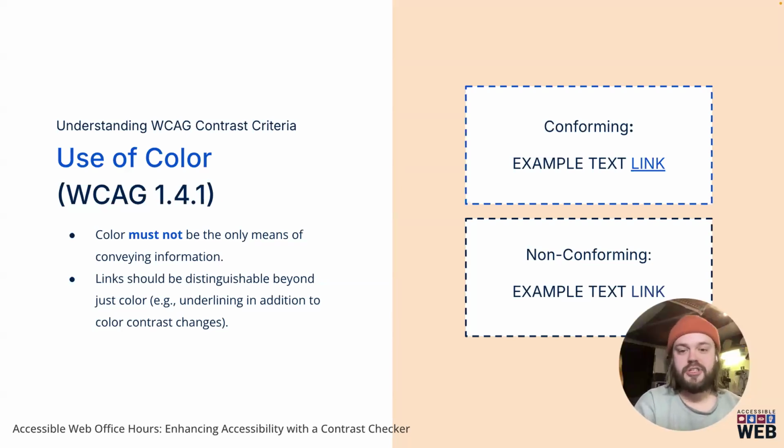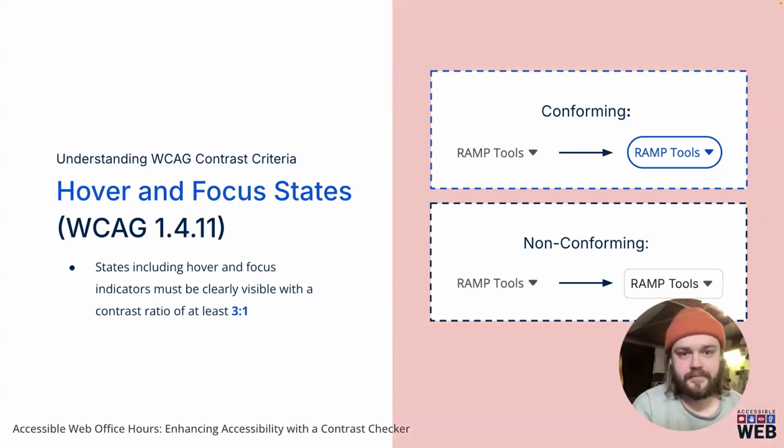So that's something else we have to check for. And this is also part of the non-text contrast criteria, which was mentioned in an earlier slide. So the states of interactive elements, including the hover and focus indicators, must be clearly visible with a contrast ratio of at least 3 to 1 as well.